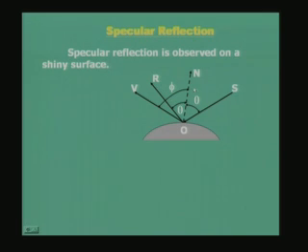The angle between v and n is the angle phi. Earlier we had the vector n, then the vector s, and an angle theta between n and s.